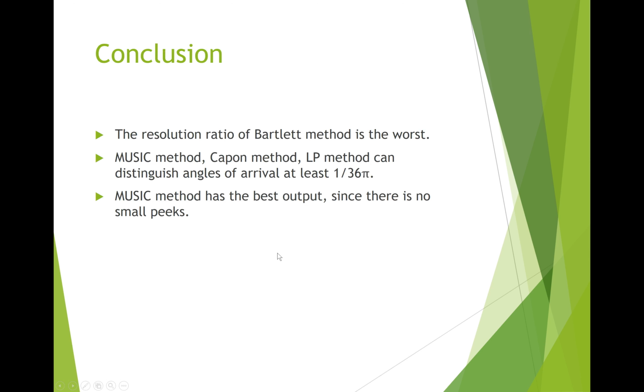Therefore, we can draw the conclusion that the Bartlett method is the worst among these 4 methods, and the MUSIC method, Capon method, and LP method can all distinguish the little difference in angles, at least 1 over 36 pi.